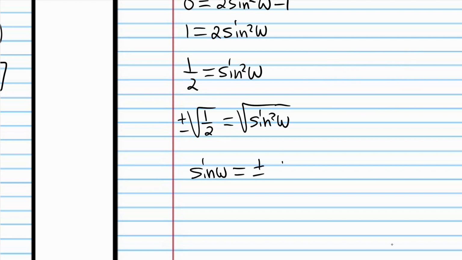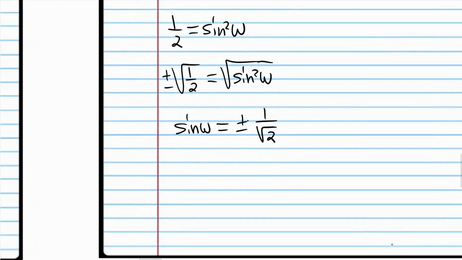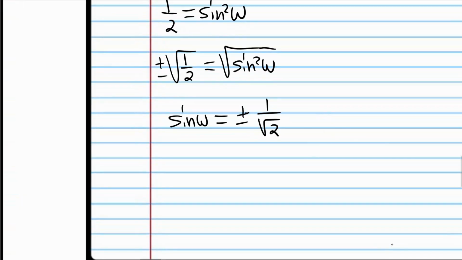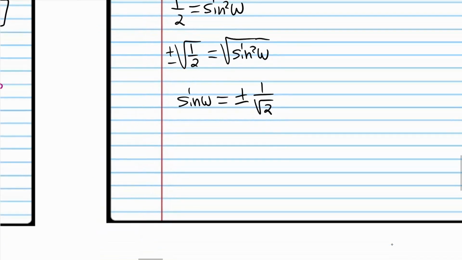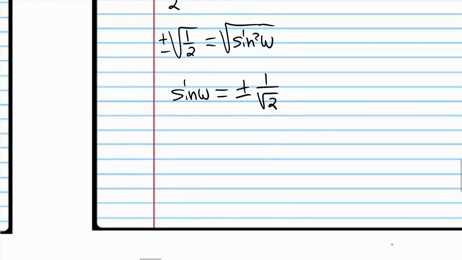The square root of 1 is just 1. And we recognize this as a 45, 45, 90 triangle. But because we have a plus or minus symbol, that means that we're going to have a solution in every quadrant.